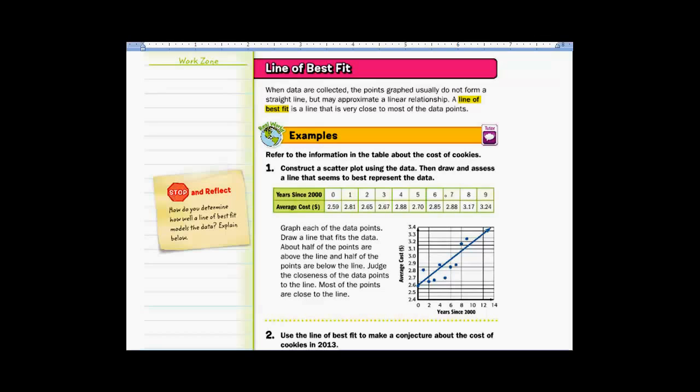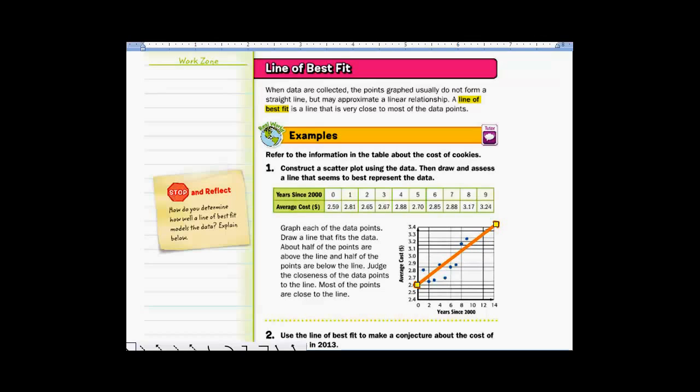Now, whenever you draw this line, one, it needs to be straight, so you will need to use a ruler. Obviously you're not going to draw a straight line through all of these points, but you need to draw a line that goes through the center of them.